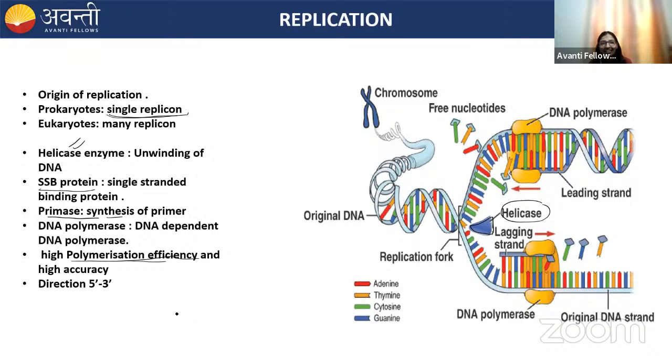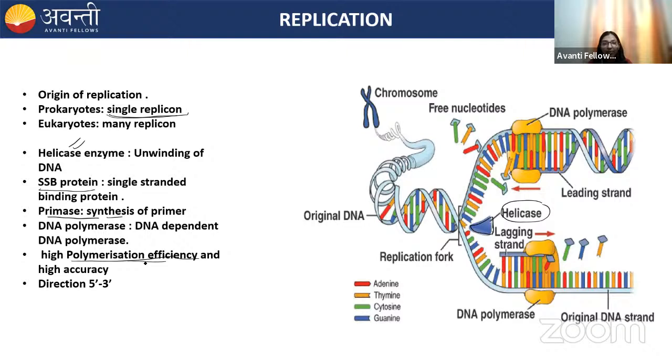Like in 1 second, it can add 2000 base pairs. So it has a high polymerization efficiency, and along with that, it also has high accuracy. High accuracy means there's less chance of error. Okay. And also remember that these nucleotides are triphosphate in nature.